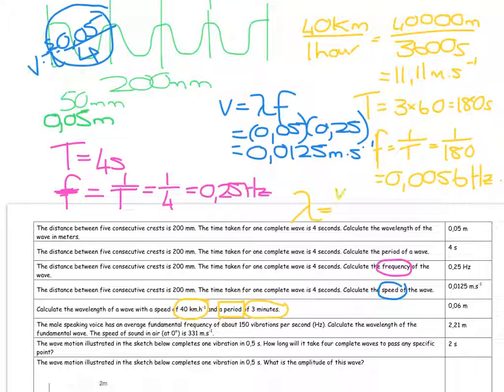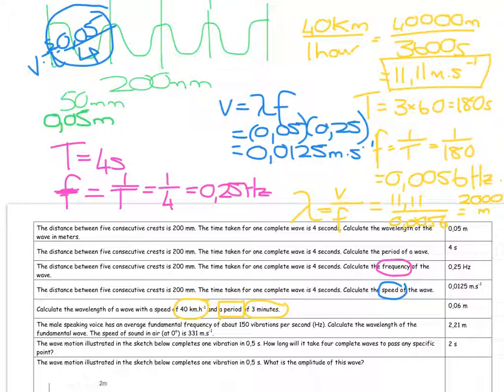Wavelength is equal to v divided by frequency, and my v in this case is 11.11 divided by 0.0056, and that is going to be equal to, if you didn't do any rounding, you land up with 2,000 meters. If you get 1999.99 or 1998 or whatever, you're close enough. You've done a bit of rounding though.